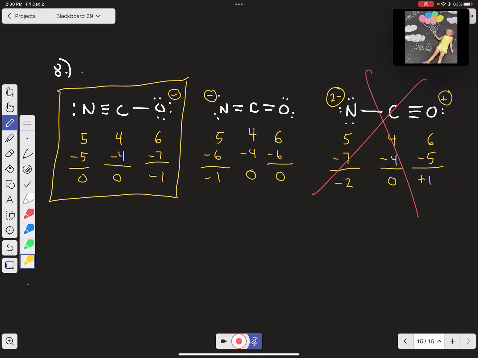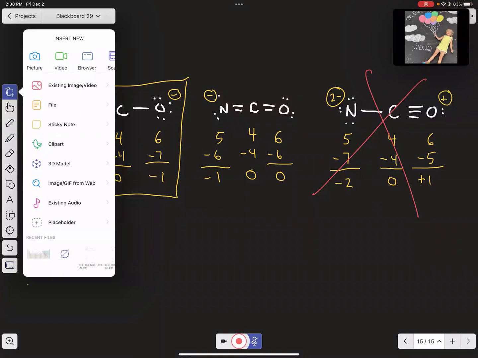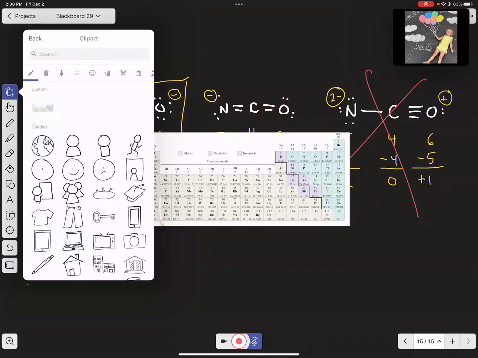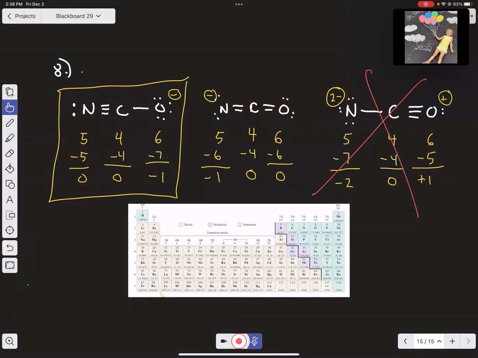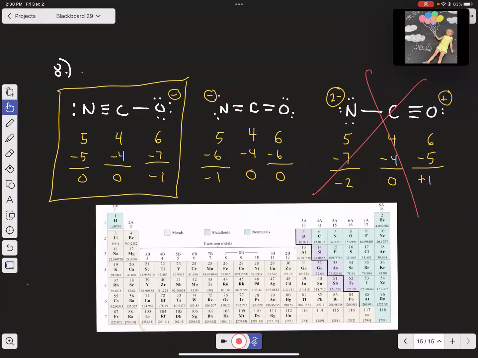For electronegativity, how do you determine which one's the most stable? The electronegativity trend we have to consider is that fluorine is the most electronegative element. In general, electronegativity increases from the lower left to the upper right-hand corner.